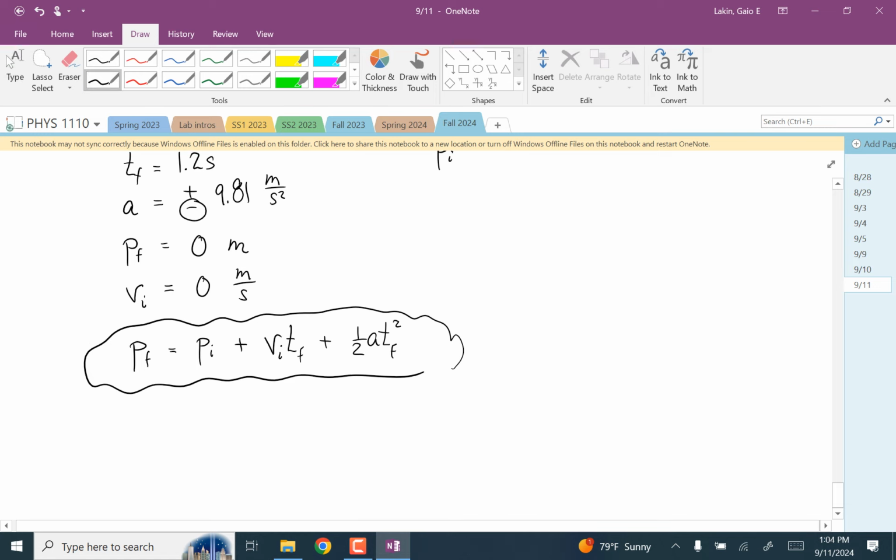And now I'll just plug stuff in. 0 is equal to PI plus 0 times 1.2. 0 times anything is equal to 0, so that goes away. Plus 1/2 times negative 9.81 times 1.2 squared.